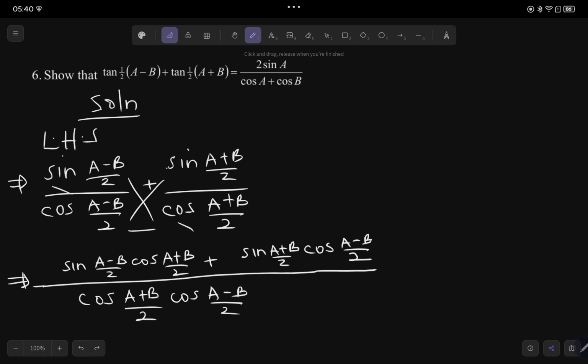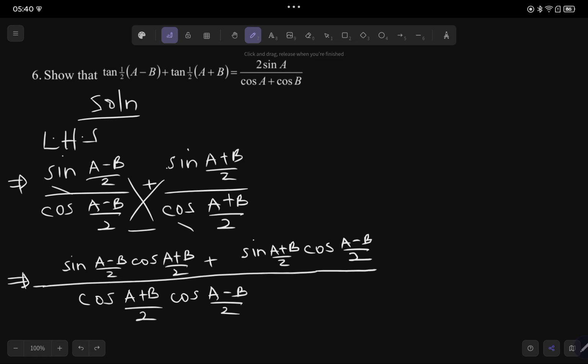Now, at this stage, we can see something formula. All these three that are in this expression, the two in the numerator and the one in the denominator, they all appear as almost the factor formulae.